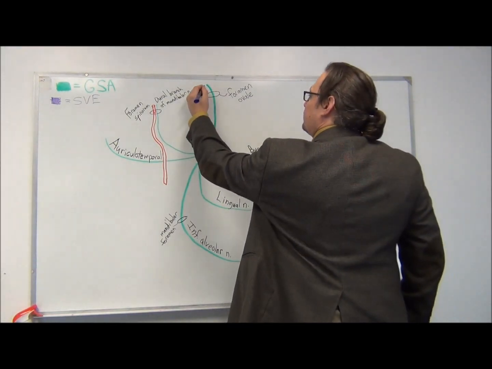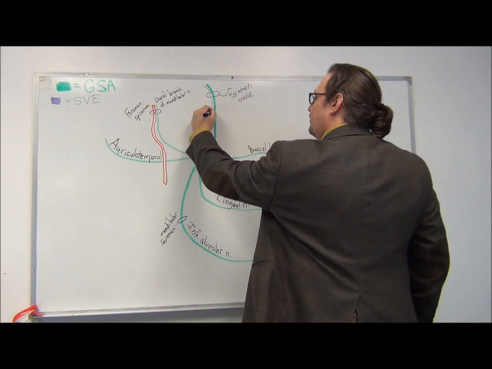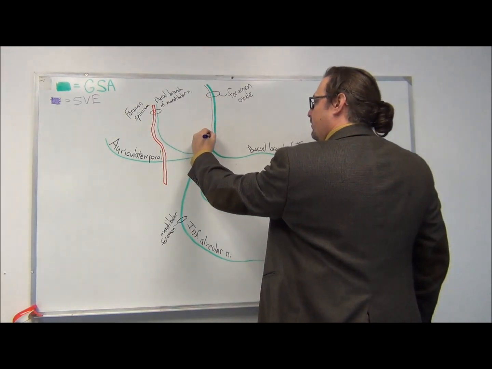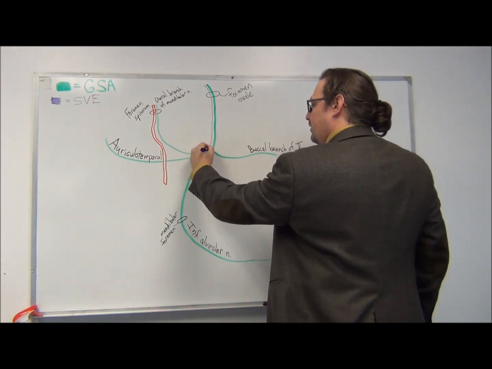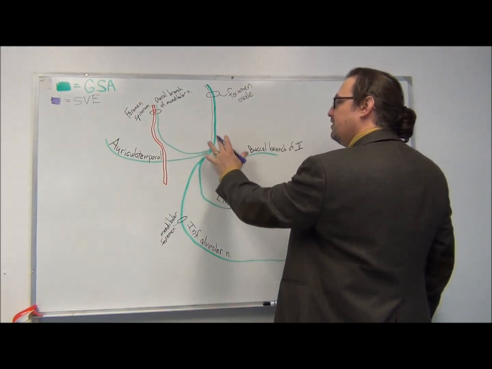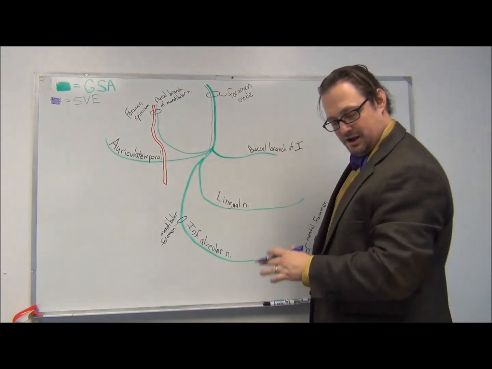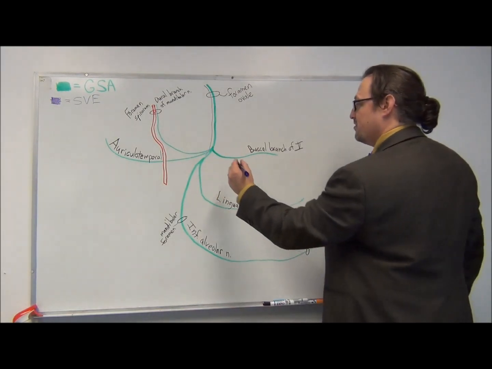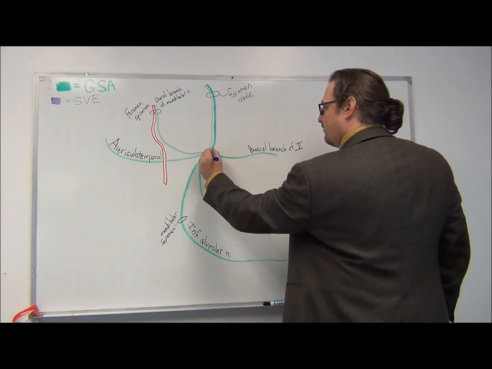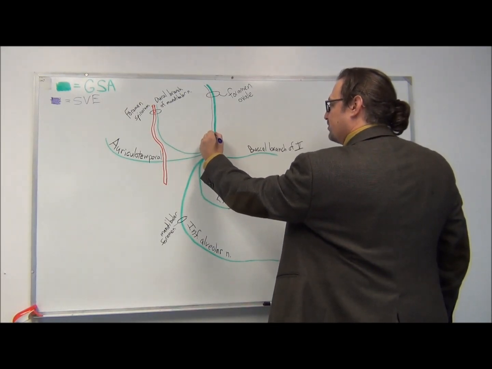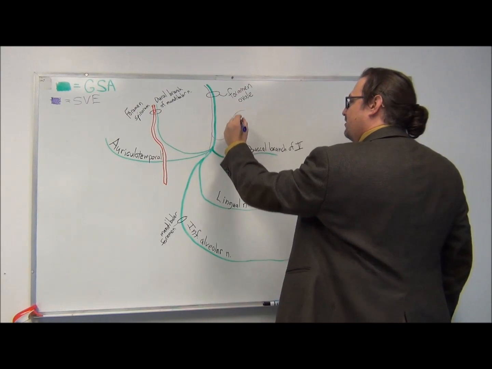So it travels along with the trigeminal nerve, exits along with the mandibular, and right about here, where these guys are branching away from each other, it has a few important branches. First and foremost, it goes to the muscles of mastication. So let's name those.